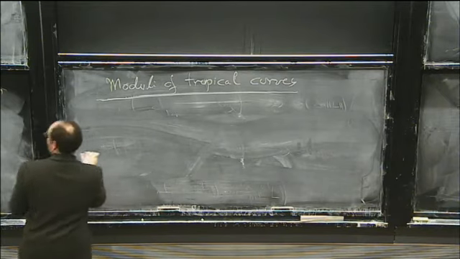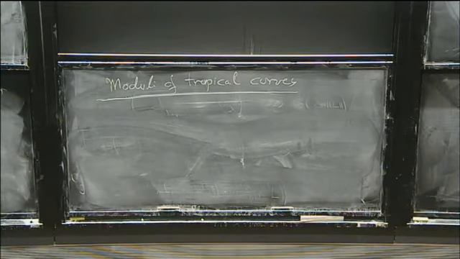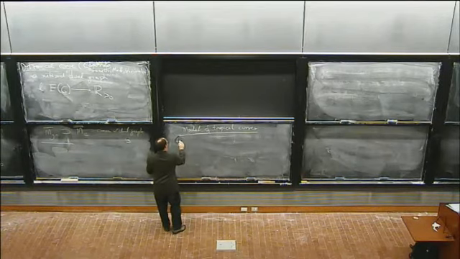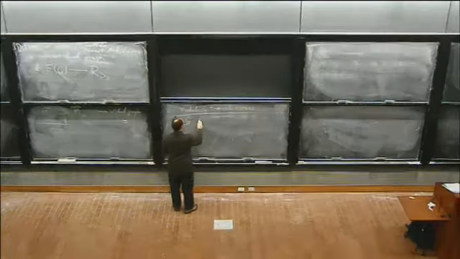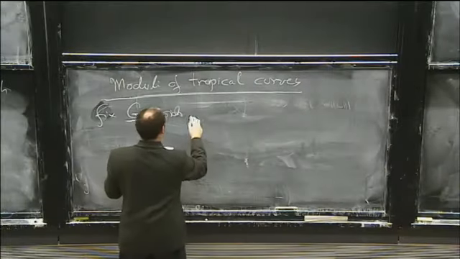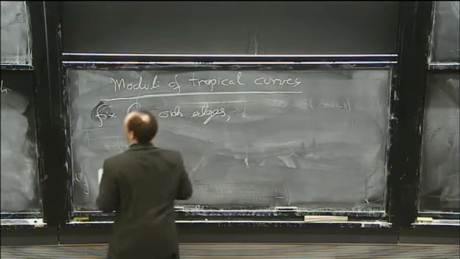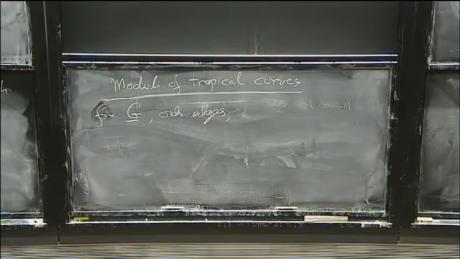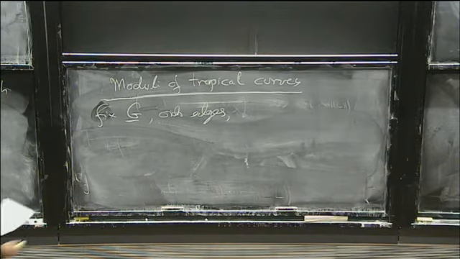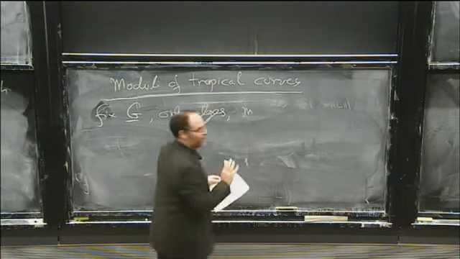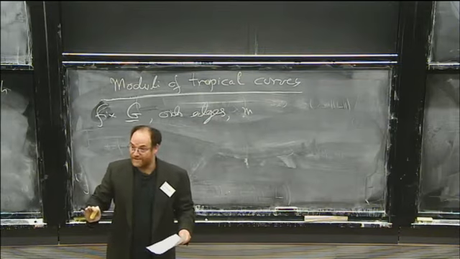The easy part is to look at a metric graph where you fix the underlying graph. So if you fix G, and if you order the edges, or label the edges, then to give the data of a metrized graph, it just means assign a positive real number to each edge. And then the moduli spaces. So I'm using moduli spaces in the most naive sense.